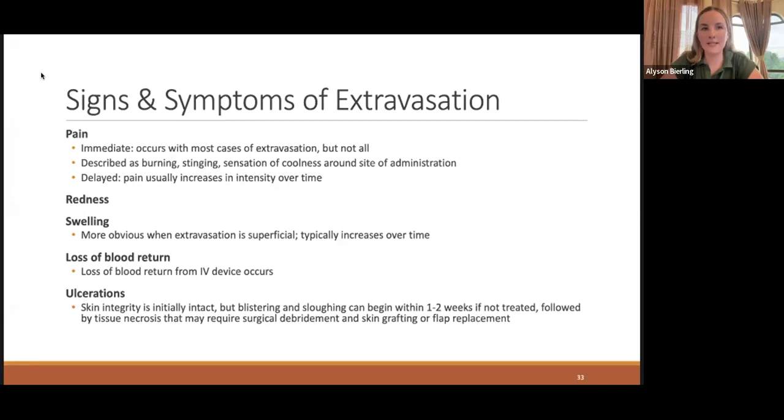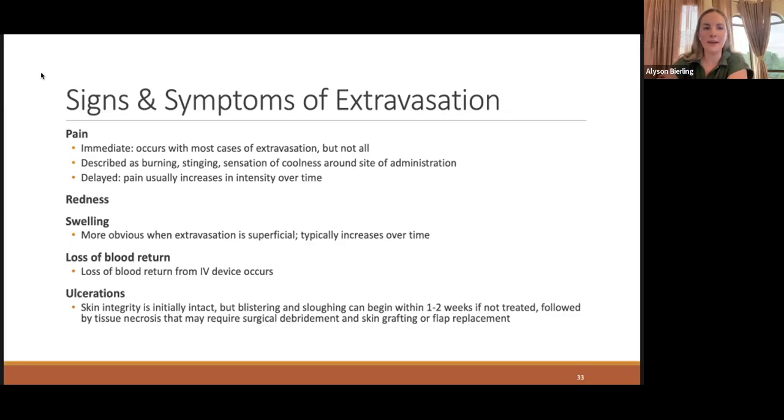Pain is really typical, usually described as burning, stinging, or a sensation of coolness around the site of administration. It occurs with most cases of extravasation, but it is possible that some patients initially might not have any pain.